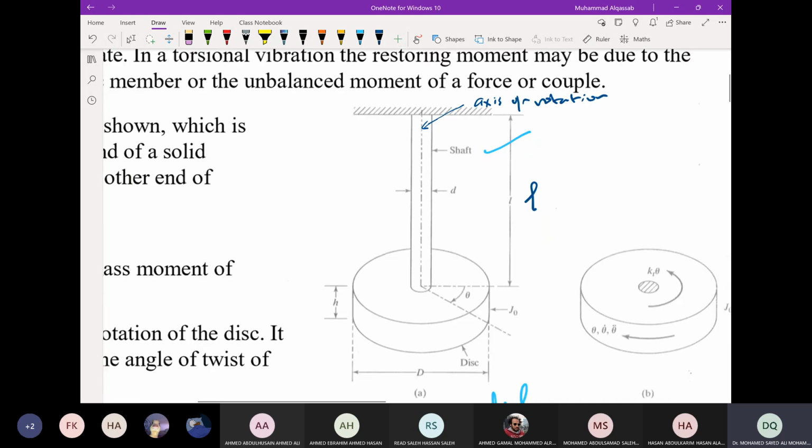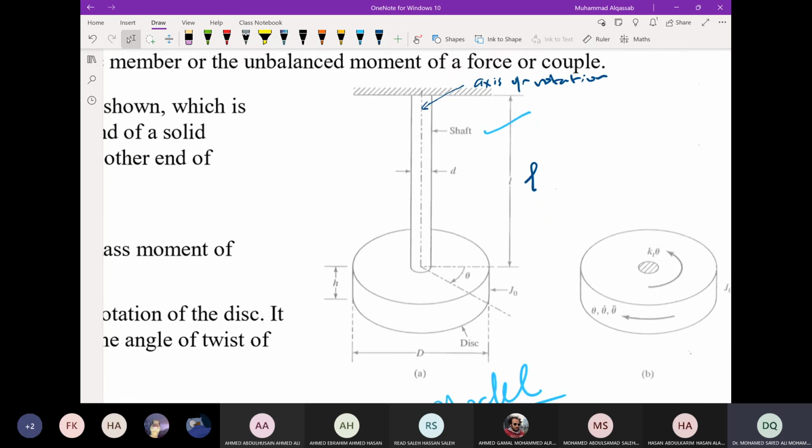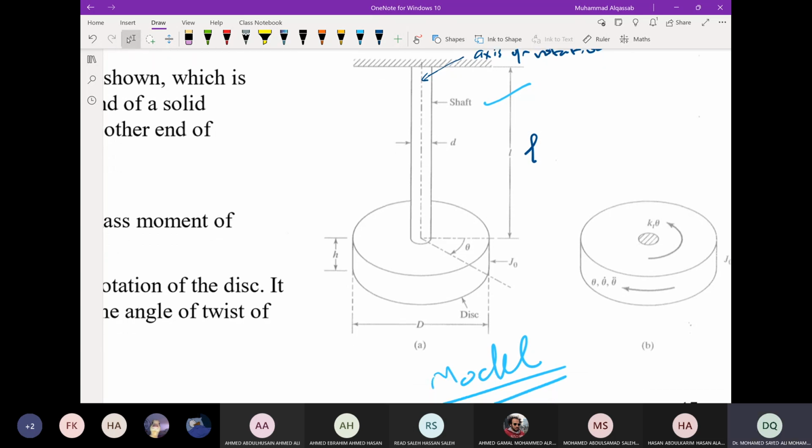The disk is uniform with mass m, but what is more important in the disk in rotation is the mass moment of inertia, Jo. Jo is the mass moment of inertia, or polar mass moment of inertia to be more specific, which has the unit kilogram meter square.